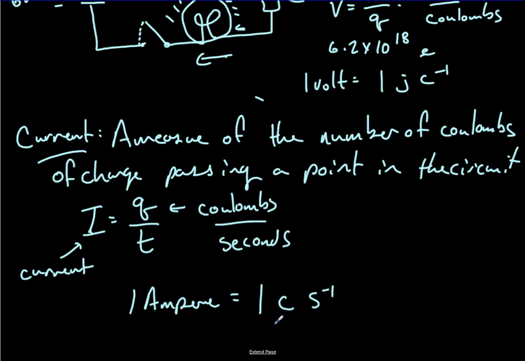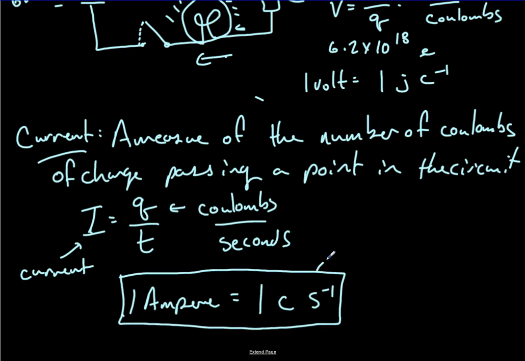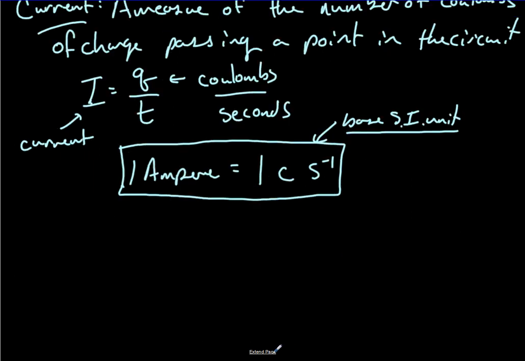So there you go. Amps, by the way, is the base SI unit, not volts, not coulombs. I'm not sure why that is, to be honest. I'm sure there's a good reason. I would always think that maybe it would make more sense to have coulombs as the base unit, but it isn't. It's amps. So that's the base SI unit for electricity.